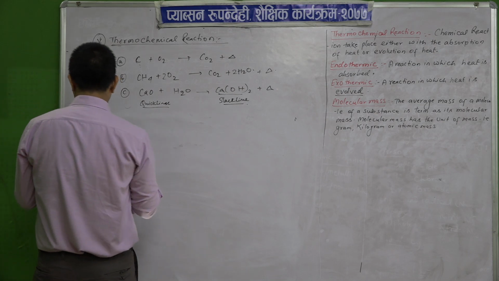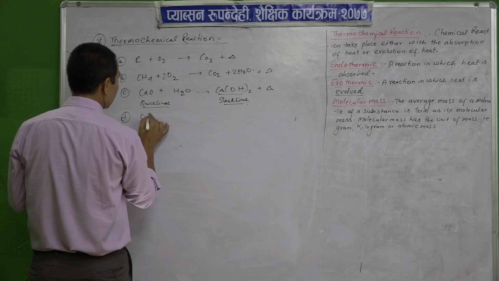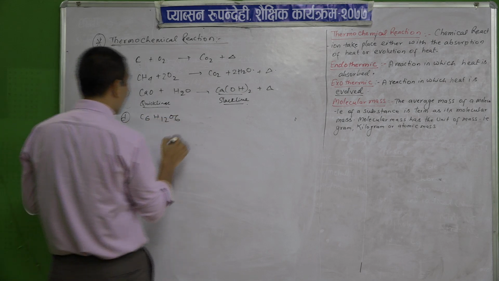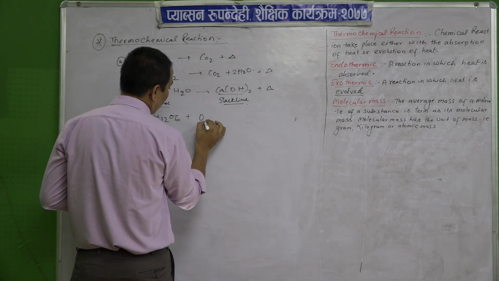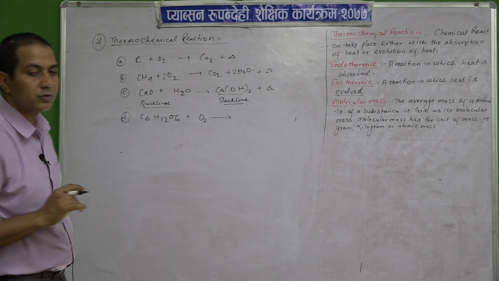Now let us take another example. Glucose, C6H12O6. It may be known by heart by you, because from class 6 you are studying photosynthesis.